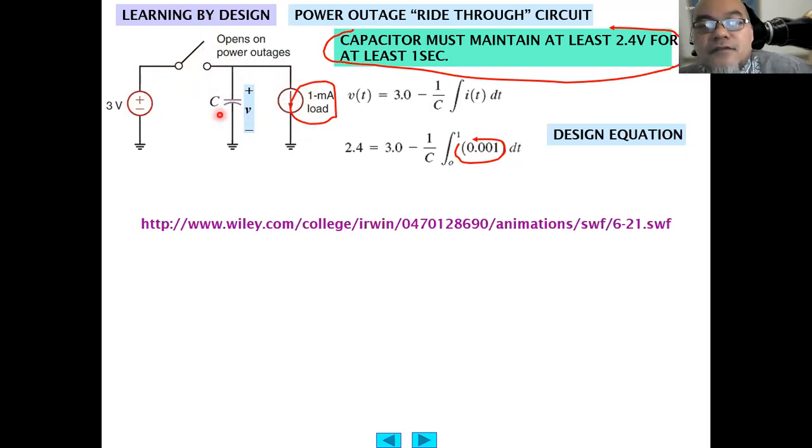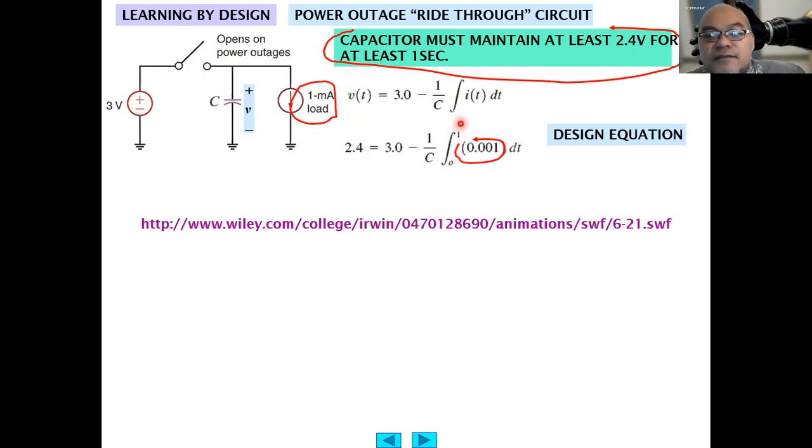When it is turned off, the load will receive current from this capacitor, but the voltage will decrease. The voltage here is calculated from this formula, the integral form of the capacitance law. The initial value is 3 volt minus 1 over C integral I dt, to 2.4 volt, which is the value needed for at least 1 second.